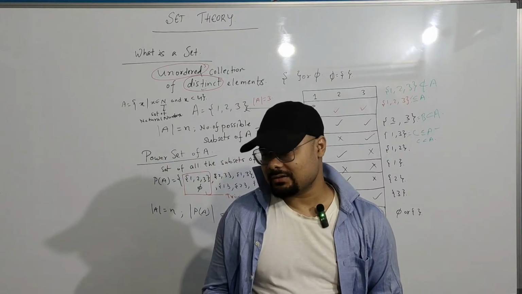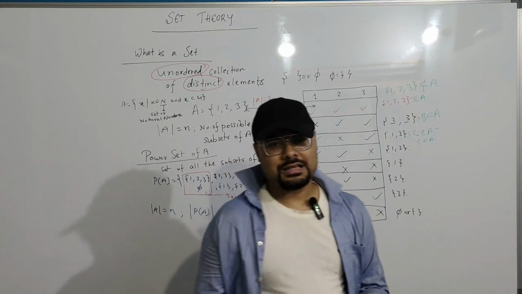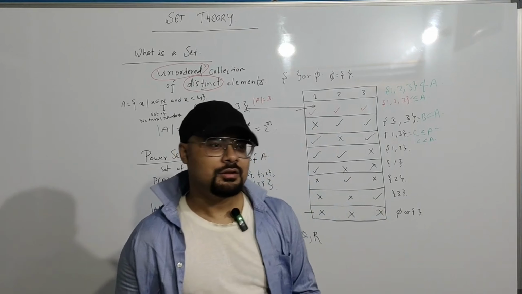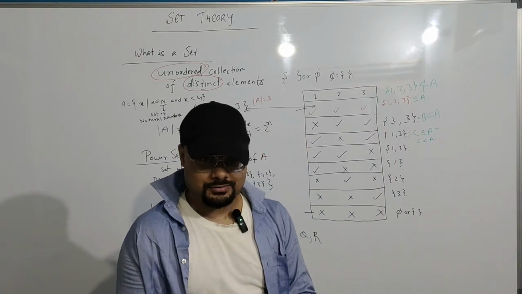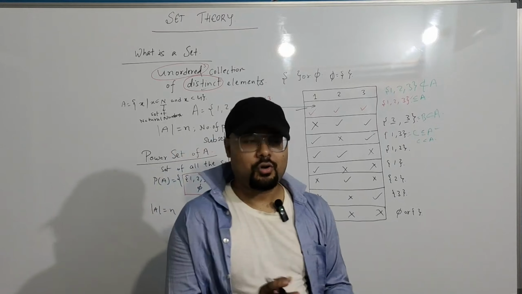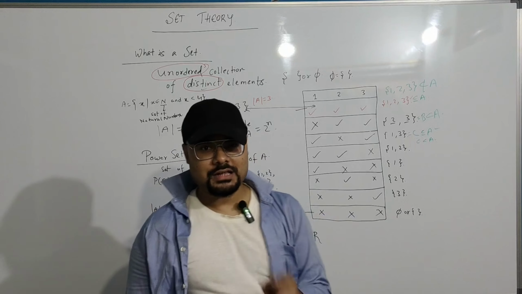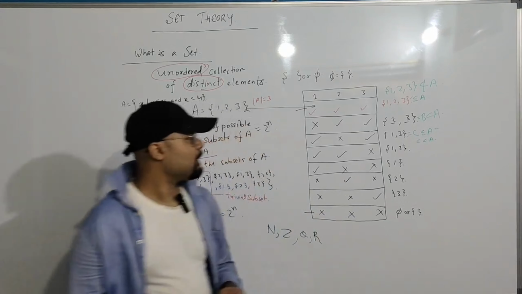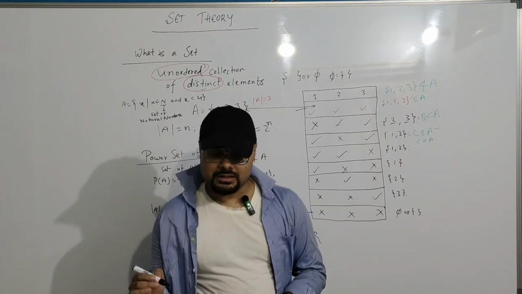Let's say it's a college named University of Science, and there is a history subject and a history teacher, but nobody is interested in studying history. So there is a set of history students, but there is no element in it. That is what the empty set is.